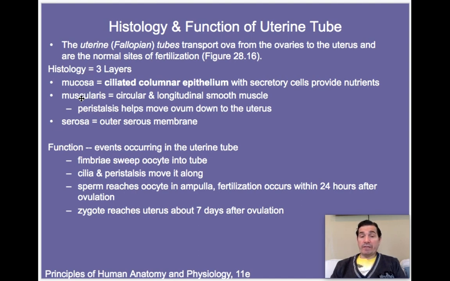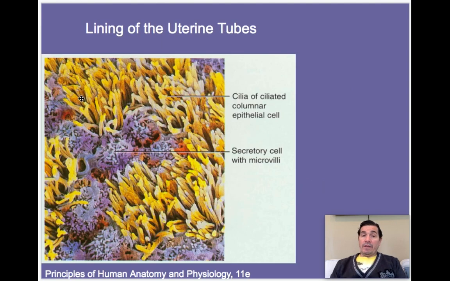And it will take 7 days for that zygote to actually reach the uterus. So it's not a long distance, but it does take time. If we look at the uterine tube, this is what it looks like inside. Notice the cilia.